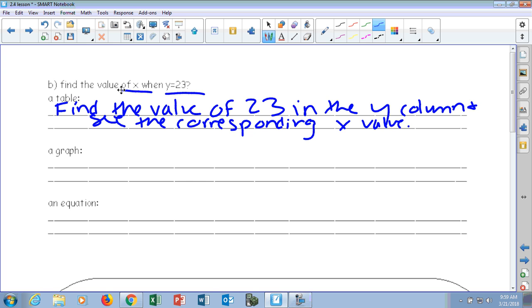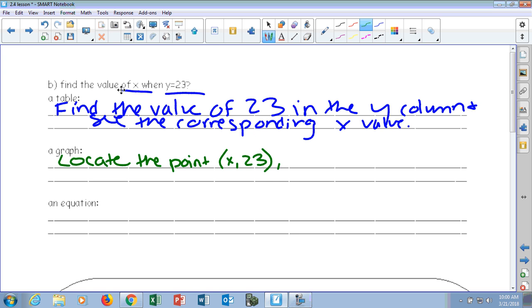Then going on with the graph. How am I going to do this with the graph, Maria? When I know my y, when they have a line and I know my y is 23. Yeah, so you want to locate x comma 23.